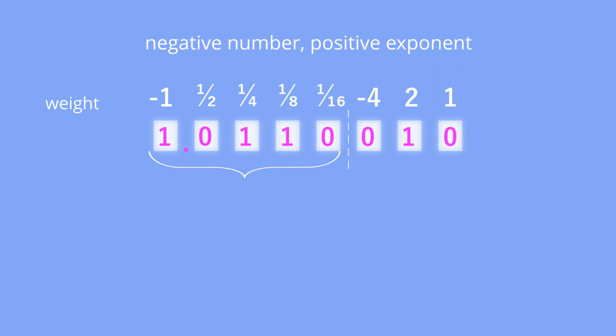Now let's consider an example with a negative number and positive exponent. The exponent equals 0 times negative 4 plus 1 times 2 plus 0 times 1 and equals positive 2.